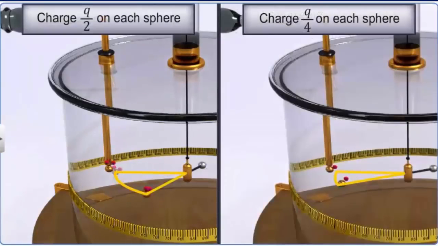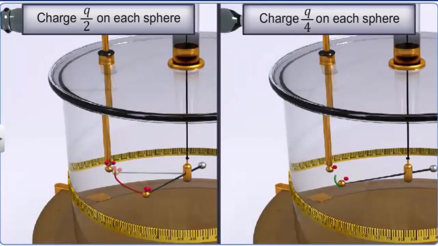However, the angle of deflection observed is lesser than the previous observation for charge Q by 2 on each sphere. Therefore, it can be concluded that as the charge on the spheres decreases, the force of repulsion between them also decreases. From these experiments with charged spheres at constant distances, it was concluded that the electrostatic force between two charges is directly proportional to the product of the charges.